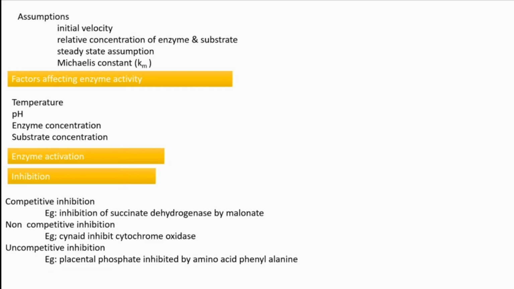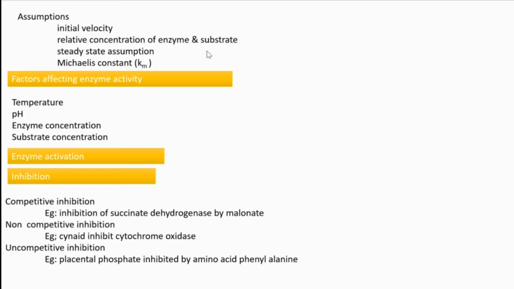So the number of enzyme substrate complexes always remains the same. Understand? How is it possible? At the time of its breakdown, the next enzyme substrate complex is formed. By doing that, the number of enzyme substrate complexes stays the same without any change. That is called steady state assumption.